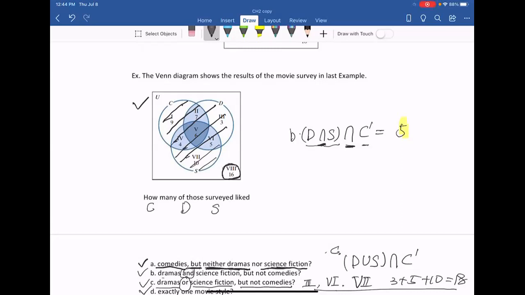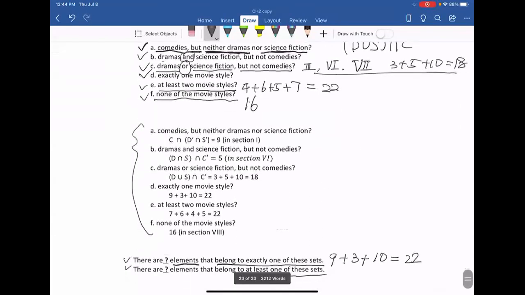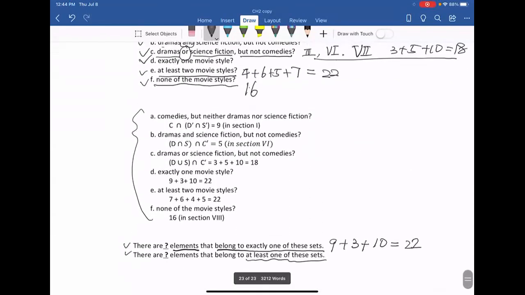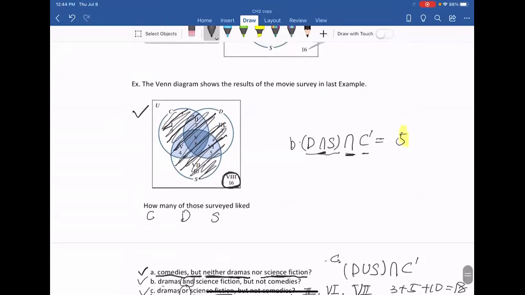This part is the people who said none of the movie styles I liked. Maybe I like one, I like two, I like three. That means the people in this area belong to at least one style.